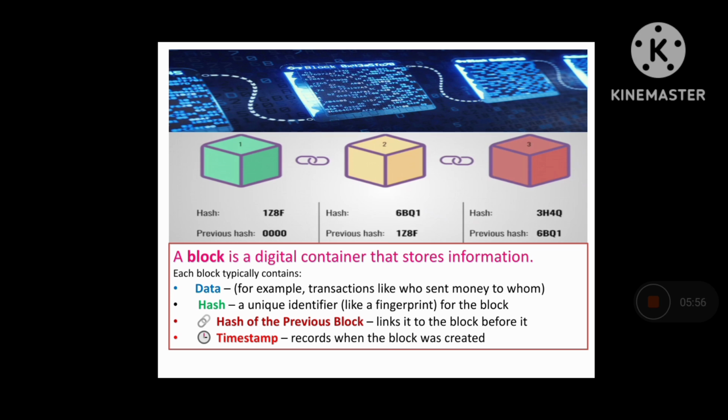All put together, this forms a more secure block. That is what is meant by a block. A block is a digital container which consists of basically four types of information: the hash of the current block, the hash of the previous block, and the timestamp.